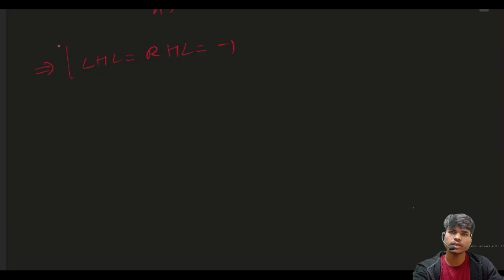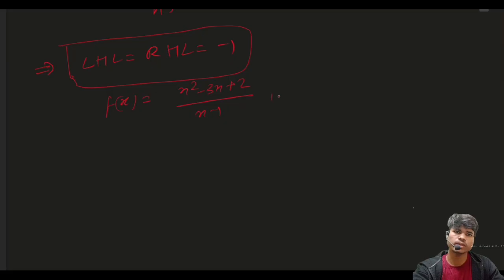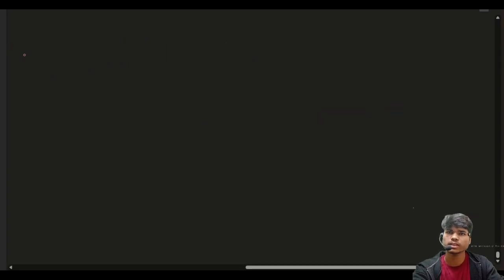So here left hand limit equals to right hand limit equals to a finite number. So we can say that the limit of the function f of x equals to x square minus 3x plus 2 divided by x minus 1 will exist. That is minus 1.